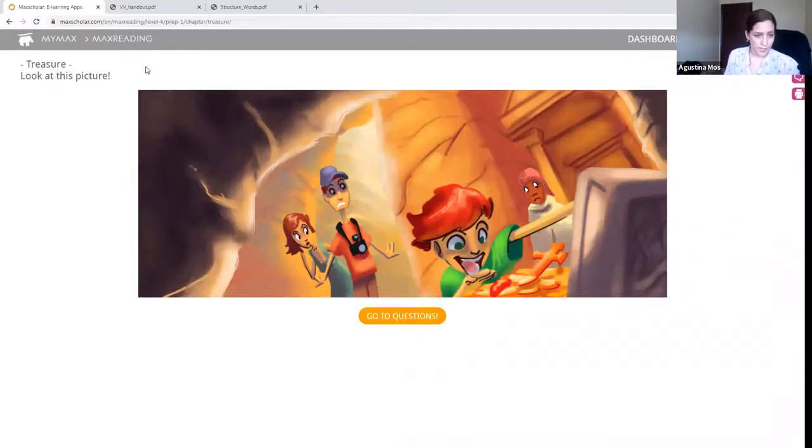Another thing in the chat: we can do this offline as well, but where will we get the picture? Good question. Yes, you can definitely do this offline. If you still want to use the pictures that are on Max Reading, look at my Max Scholar screen. You can see on the top right-hand corner there's a little chat box icon, and below it, the print button.